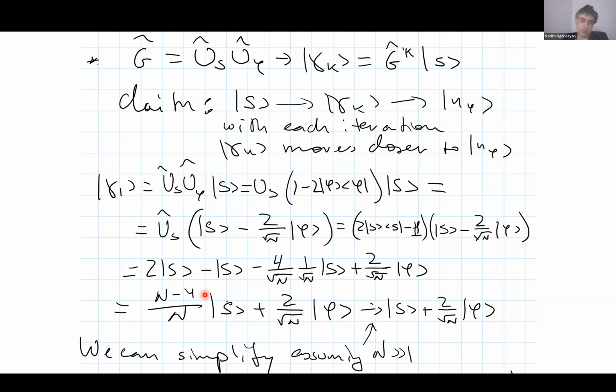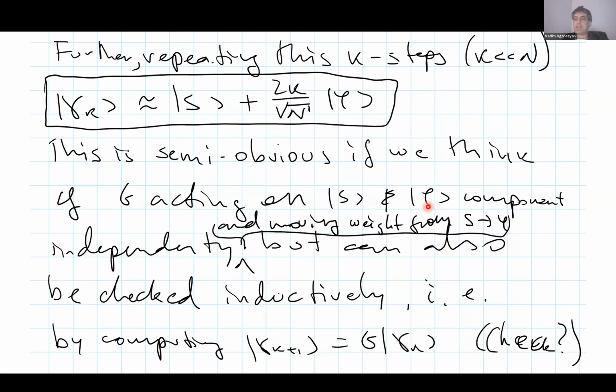And, to simplify things, we can assume that n is very large, so we can replace the coefficient here by 1, and the coefficient here is 2 over root n square root of phi. So we can simplify. Now, the basic idea now is iteration.